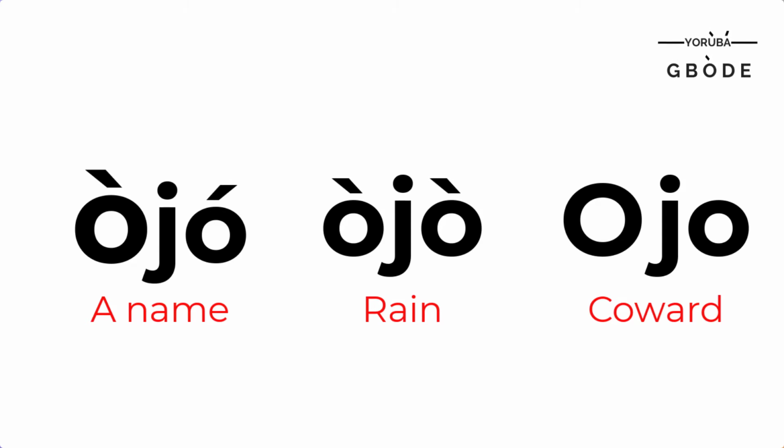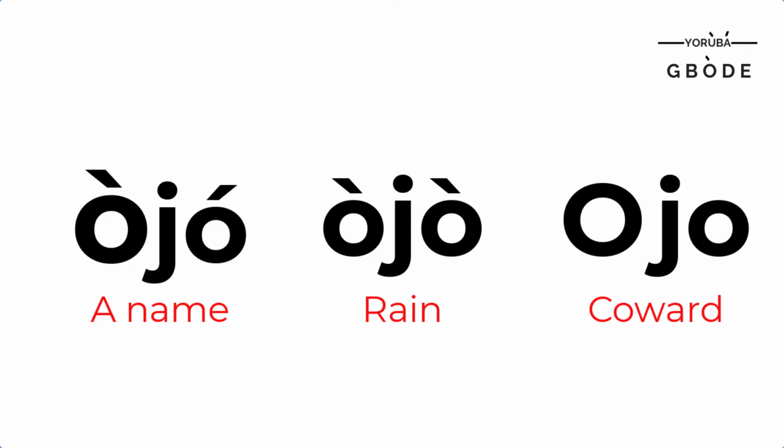Can we go through the three words? Ojo, a name of a person. Ojo, do, mi. First O, do. Second O, mi. The second one, re, o, jo.